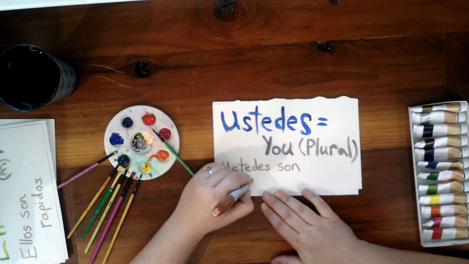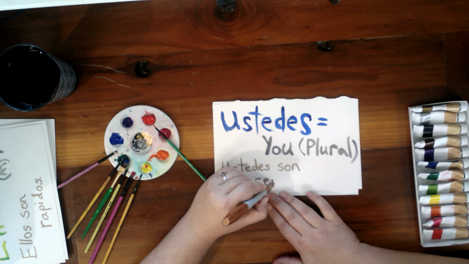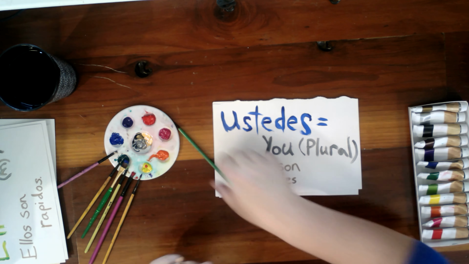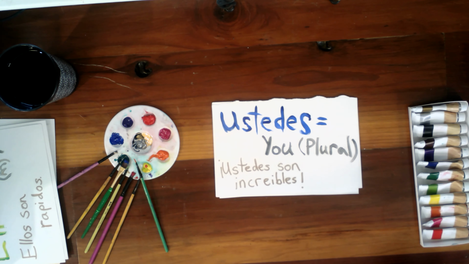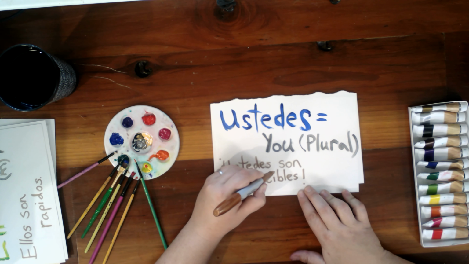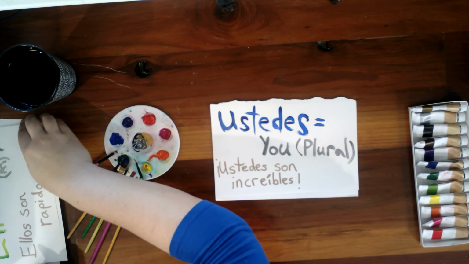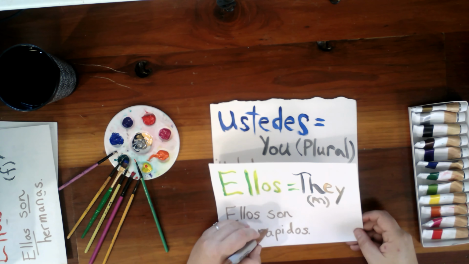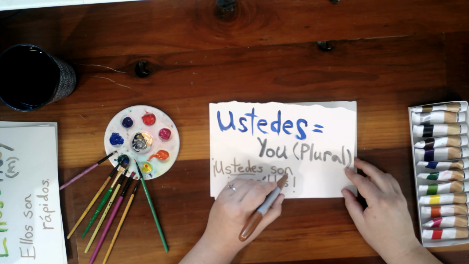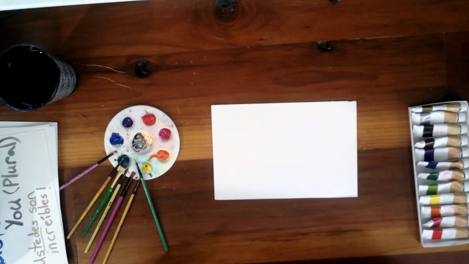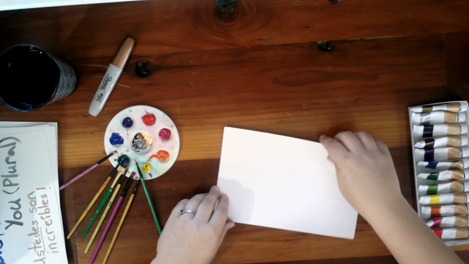And I should check the spelling, because I've definitely made some spelling errors before. Ustedes son increíbles. Increíbles. And I checked, and there's an accent over the I. You are incredible. Ustedes son increíbles. And I put that accent over the A in rápidos también.